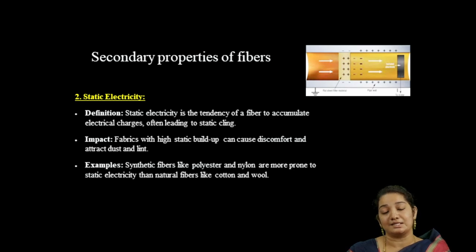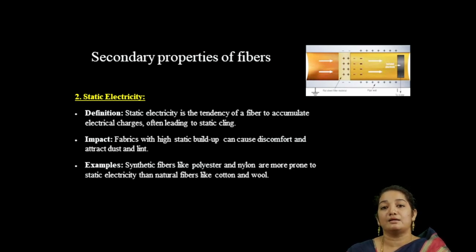The second property is static electricity. Static electricity means that when two fabrics rub against each other, electrical charges move from one place to another, making an imbalance between the charges. It affects the fabric when wearing and creates discomfort when touching or wearing it. So static build-up should be resisted in garments.